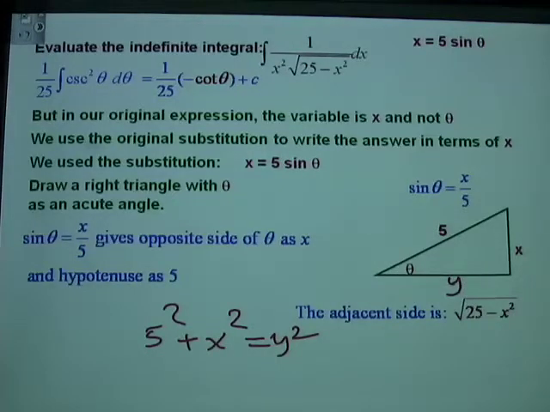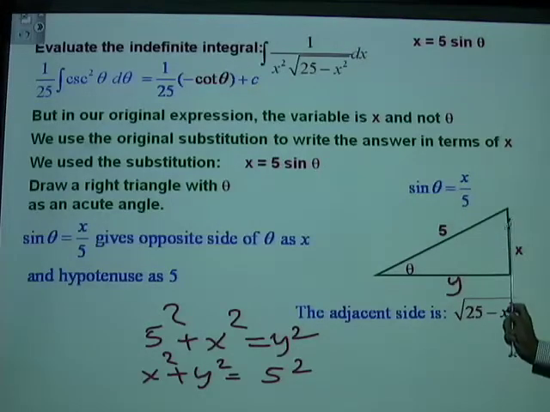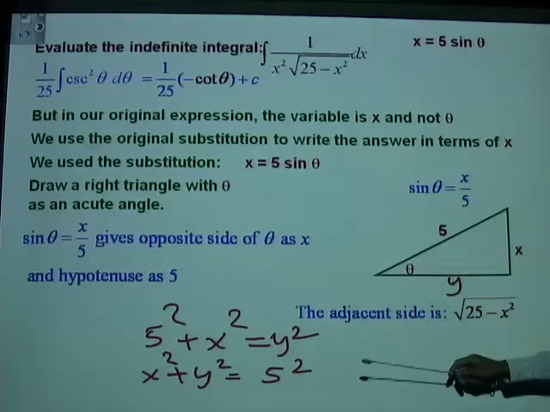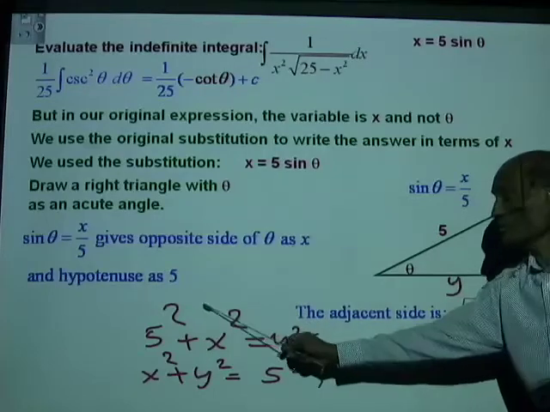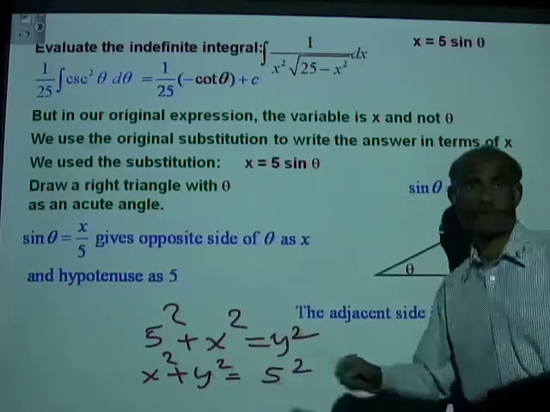No. It will be x squared plus y squared equal to 5 squared, by the Pythagorean theorem. Alright, just delete that.